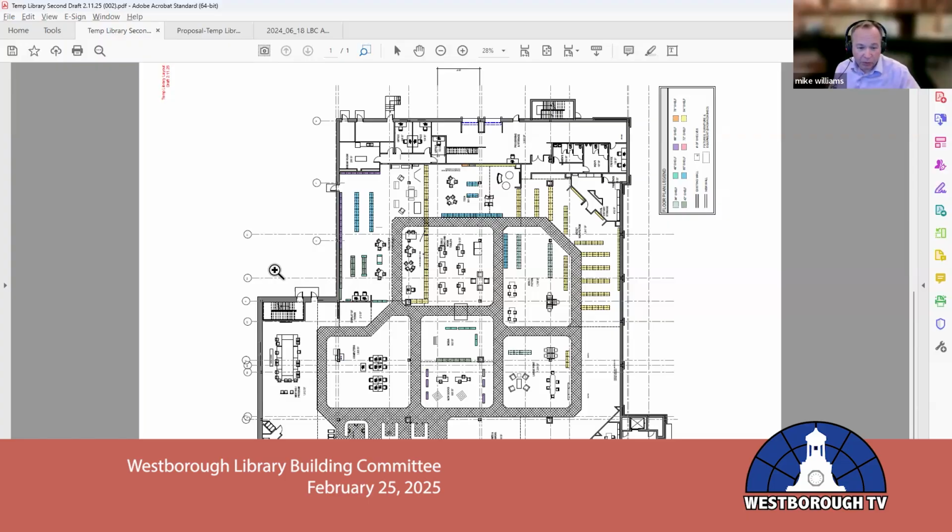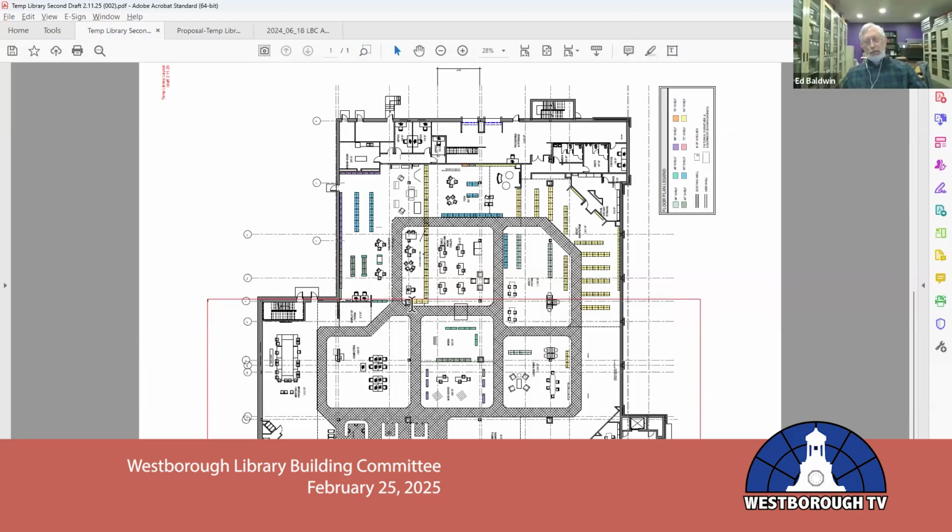So the more flexible spaces are up front where they may need to be compressed to the back, and being able to leave the children's areas in place as much as possible and the teens area in place as much as possible, and then compress the other areas, the stack areas, the adult areas, the computer areas into a more dense layout if need be. That red line is very roughly the dividing line between what could go to the senior center and what's dedicated to the library.